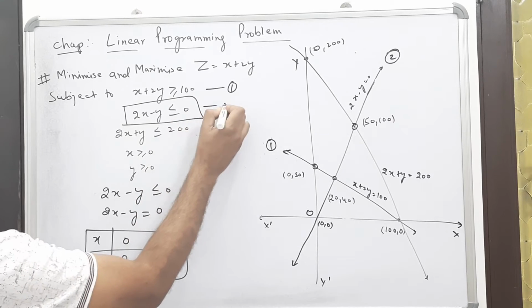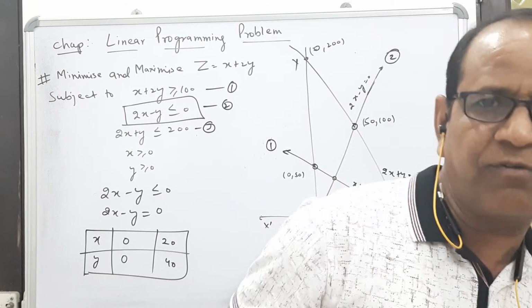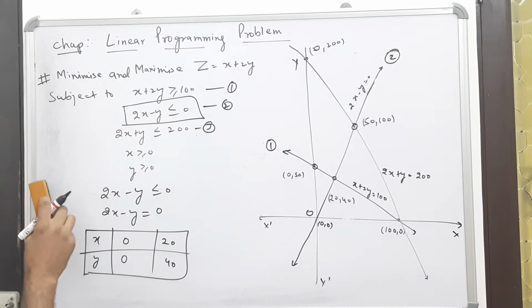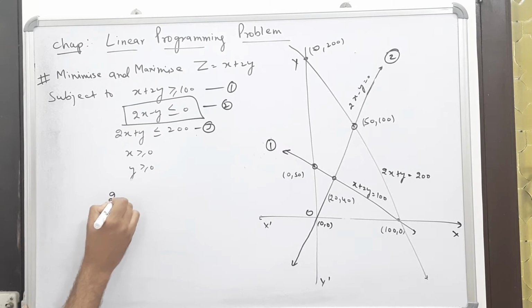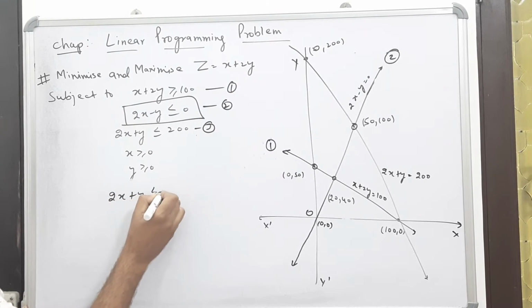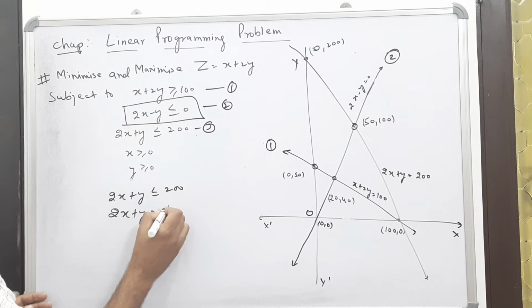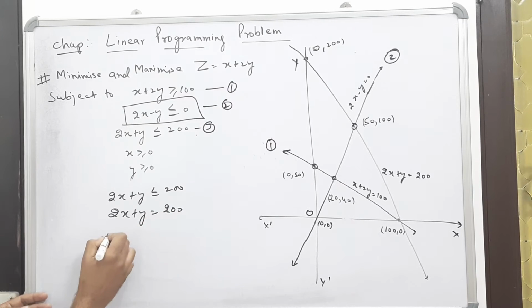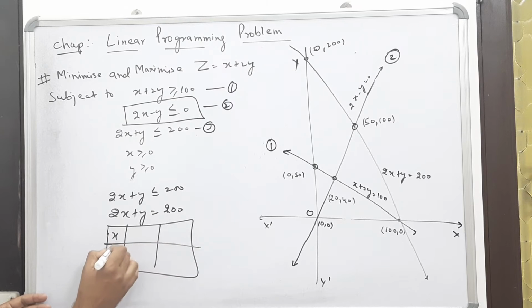Now I am coming to the third line. Please see this nicely. The third line is 2x plus y less than or equal to 200. So we draw the graph of 2x plus y equals 200.